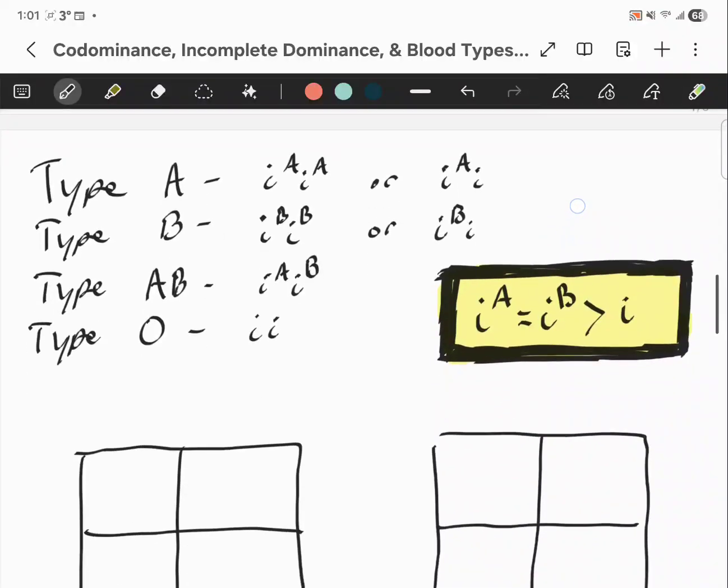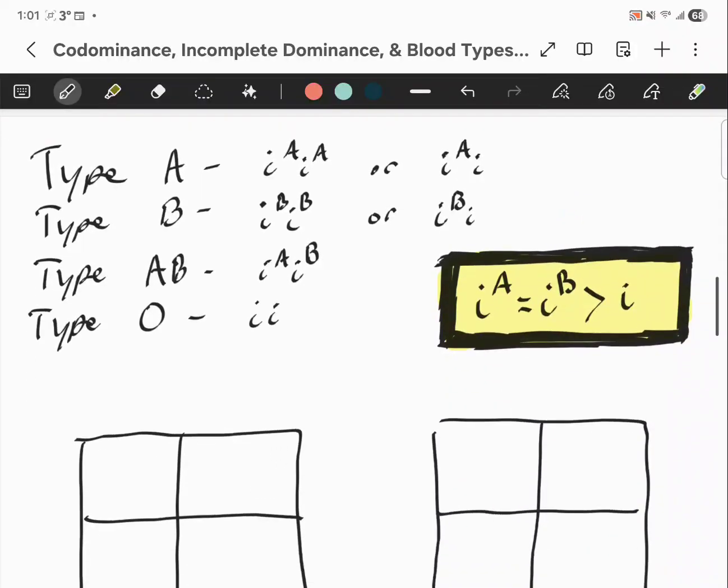When we move on to an example with blood types, it is a common example found in our body with codominance. So type A blood is expressed with this, and whenever we do codominance and incomplete dominance, sometimes we use a letter.